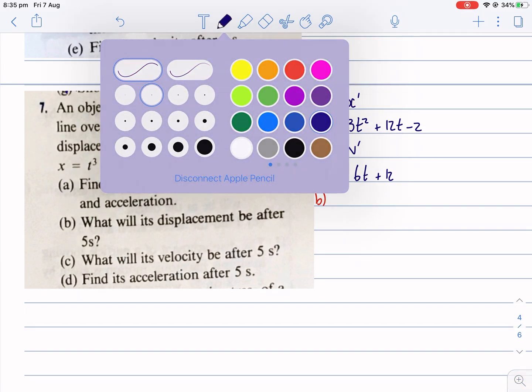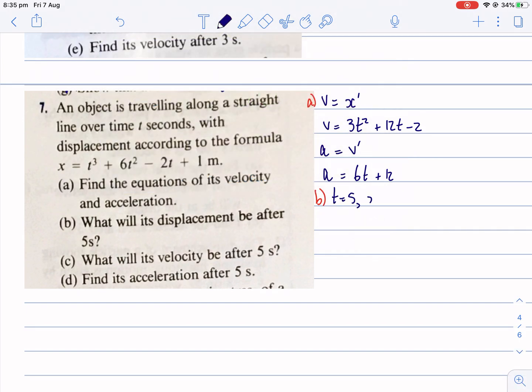Displacement after 5 seconds, t equals 5, x equals 5 cubed plus 6 times 5, take 2 times 5 squared, take 2 times 5 plus 1.